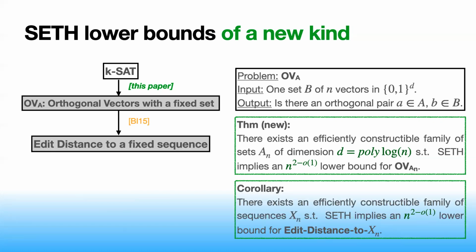For example, by plugging our new hardness instances of OV into the reduction of Backurs and Indyk, we get the hardness we were asking for edit distance as a corollary. So there is a fixed sequence X that we get from the hard set of vectors A, such that the edit distance to X is n squared hard.